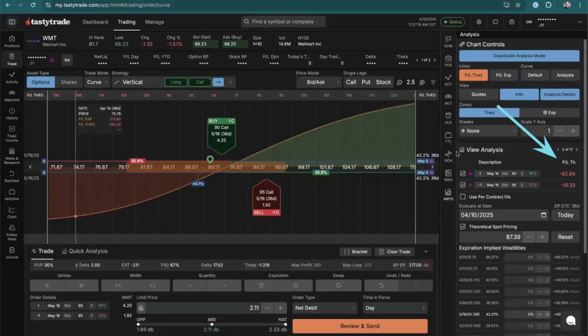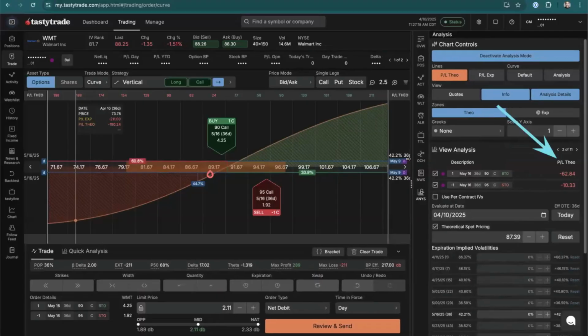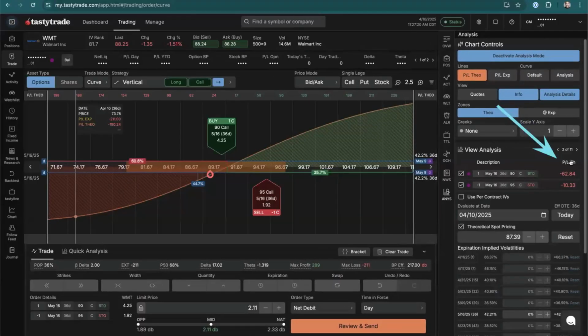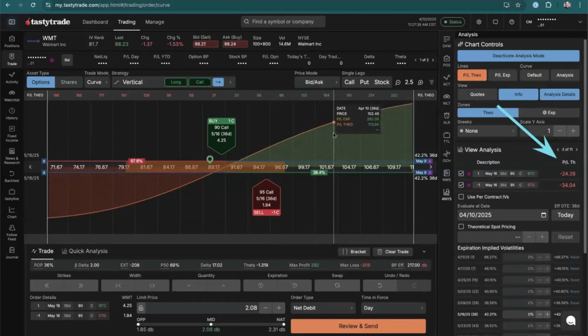If we expand this out a little bit, you can see P&L Theo here, and as we change our theoretical spot price, how our P&L Theo on each of our legs is adjusting. So you can do it based on your mouse, or based on these numbers here. But personally, I just scroll my mouse up and down.